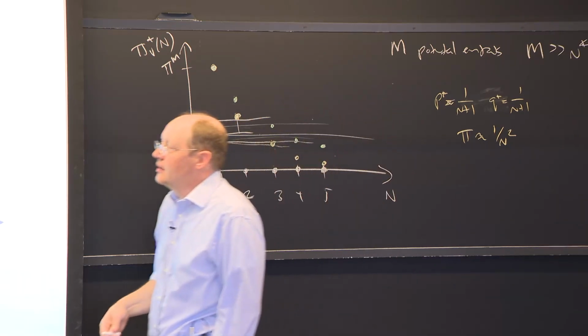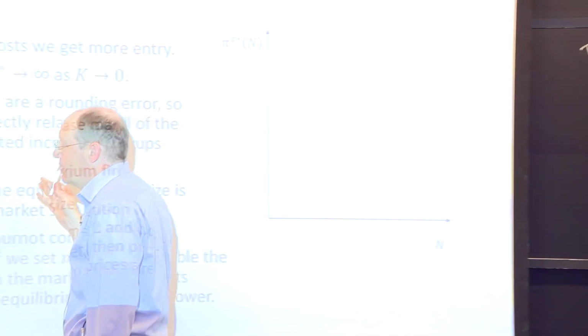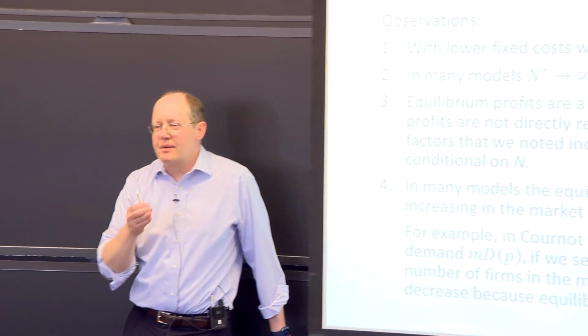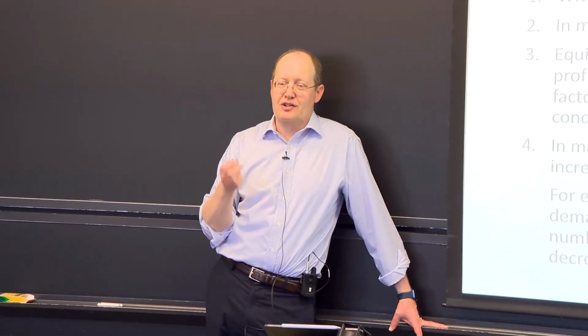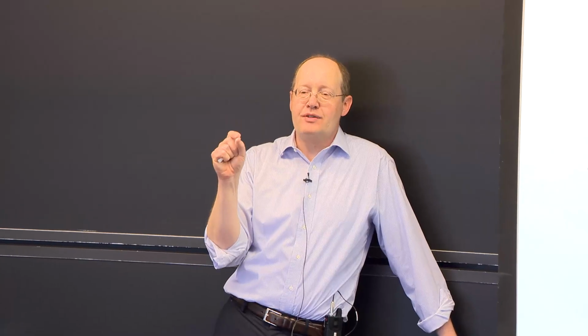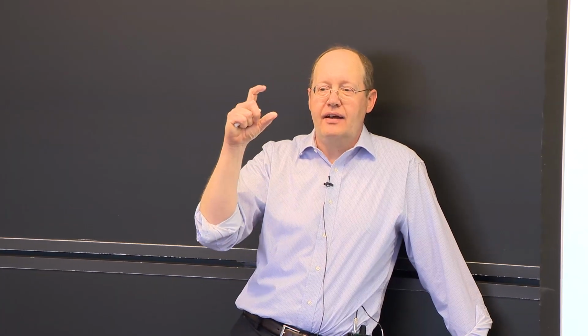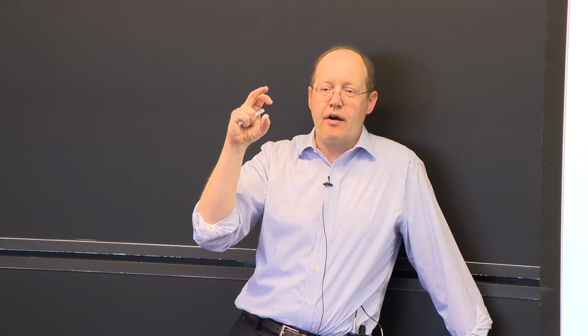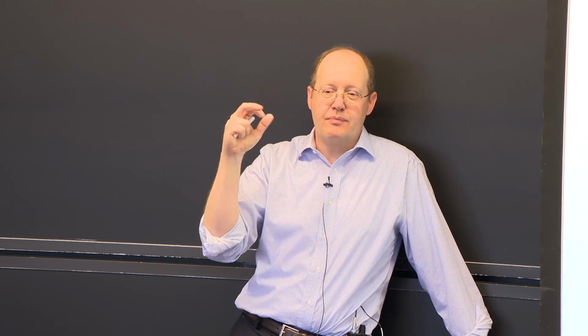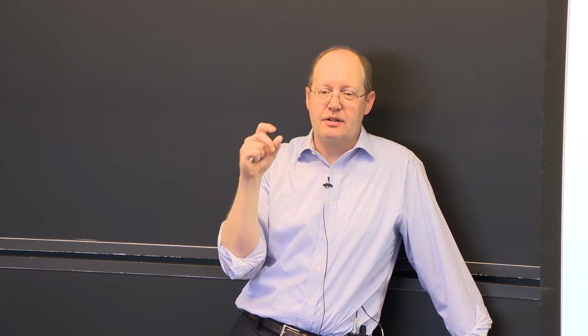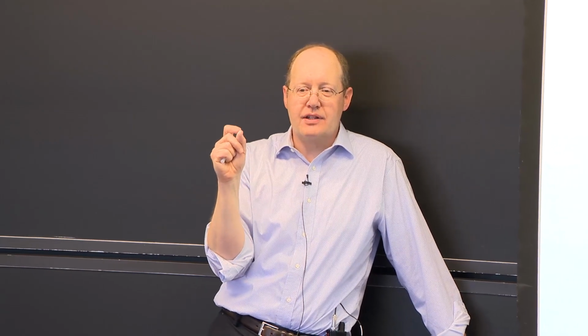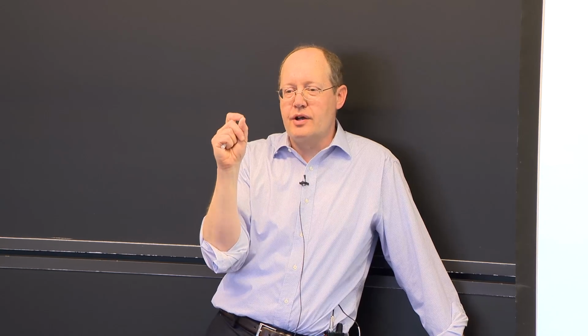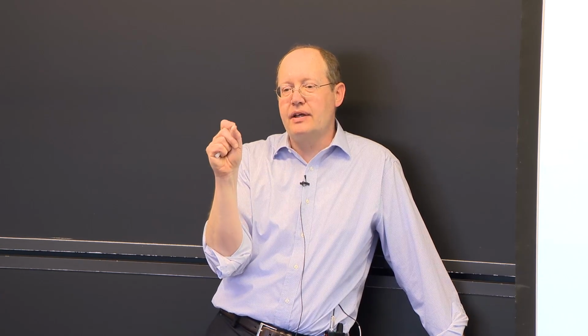So equilibrium profits that we observed really don't have to be related to anything we've talked about so far. All that matters is how many firms fit in the market, and then everything else just determines where you are between the profits with 2 firms or 3 firms or 3 firms and 4 firms. So profits just become this rounding error that's a coincidence of where entry costs are, such that the last firm just barely gets in.